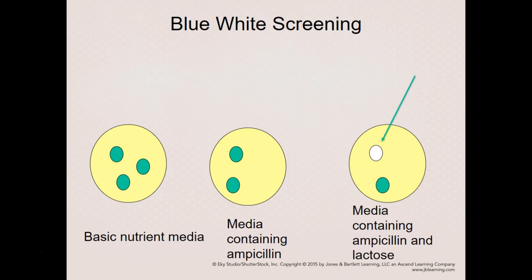But we can even narrow it down further so we can find the bacteria that contain the plasmid and the gene of interest by plating it on a medium containing both the ampicillin and lactose. So if the cells utilize the lactose, that means the LAC-Z gene is still intact. Whereas if they do not utilize the lactose, that means something was inserted within that gene and those are the white colonies. And so we know we can pick these white colonies off the plate and grow just the bacteria that we care about that contain our insulin.